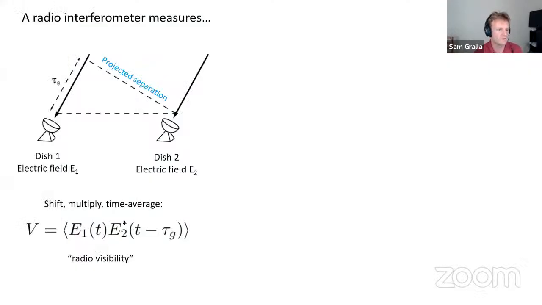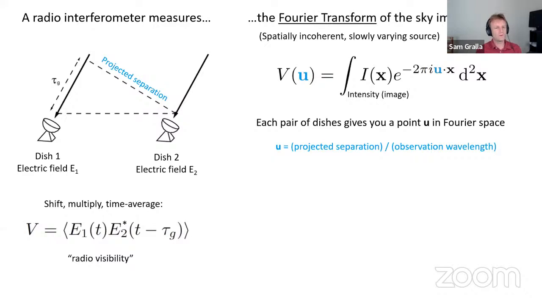So here's what's actually measured. I'm not going to explain much because I need to get to part C of the talk. But what's actually measured, and it's a beautiful bit of math, is the Fourier transform of the sky. When you put two radio dishes, and each of them measures the electric field as a function of time, voltage in your piece of metal due to the oscillations induced by the incoming wave, you represent it as a complex electric field.